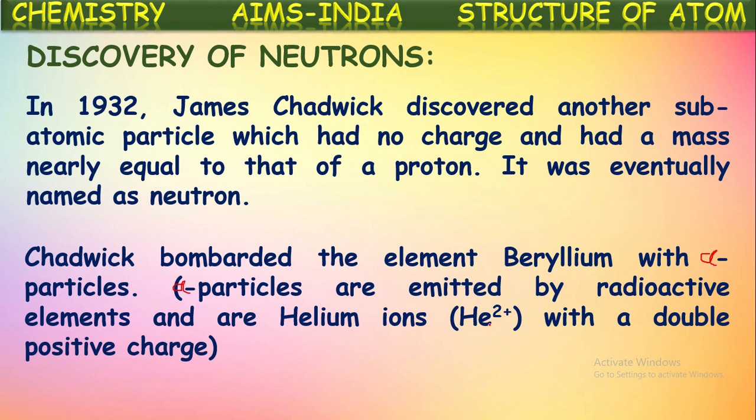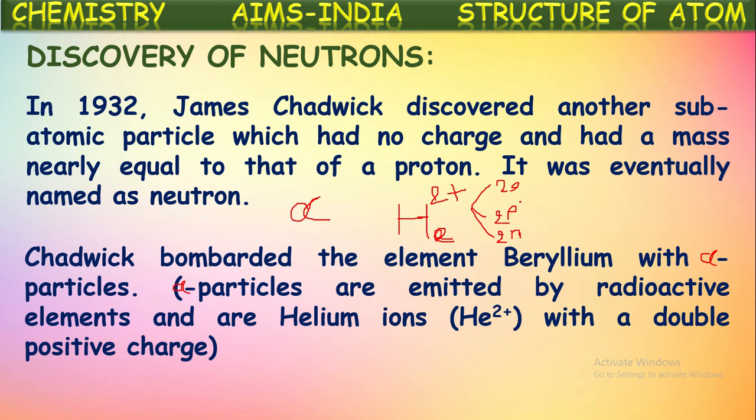Alpha particles are emitted by the radioactive elements and are helium ions with a double positive charge. Alpha particle means the particle with 2 units positive charge, which can be represented like this, He2+. Helium has 2 electrons, 2 protons and 2 neutrons.